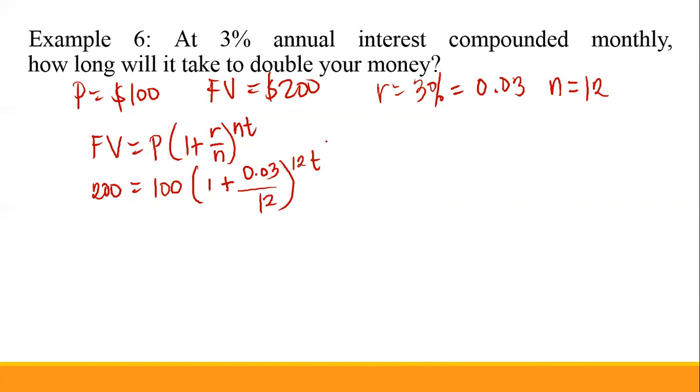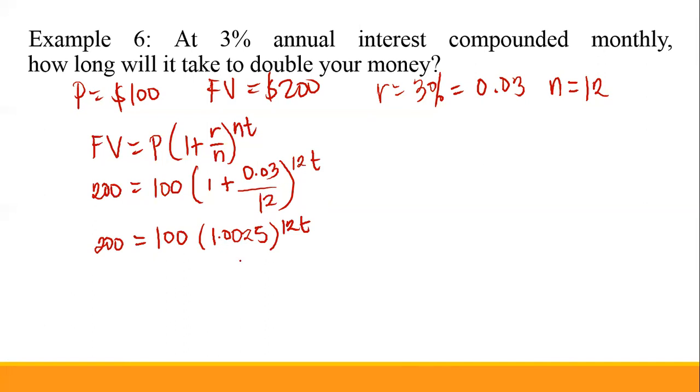Okay, di ba? So this is now equal to 200 equals to 100 times 1.0025 raised to 12t. Okay, so yan. So we already use the operations to simplify the problem. So always keep as many decimals as possible until the final step. Okay, so wag mag-iiwan.